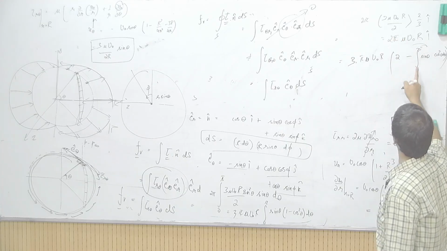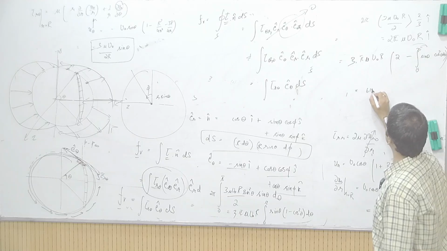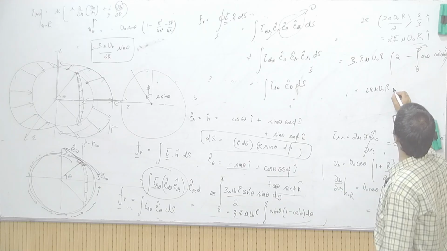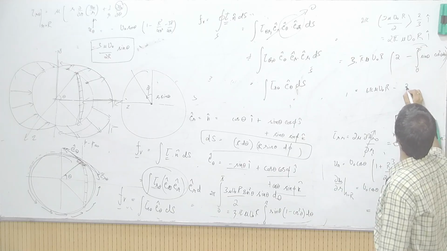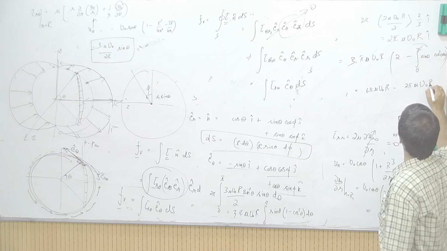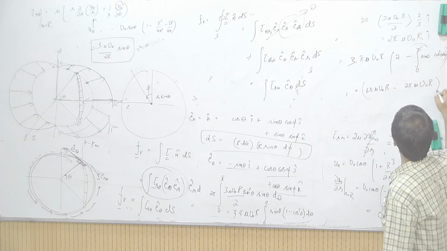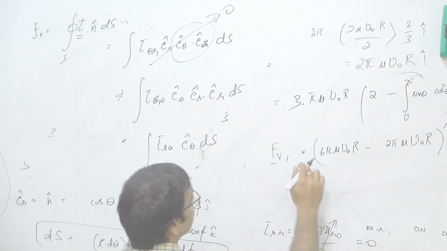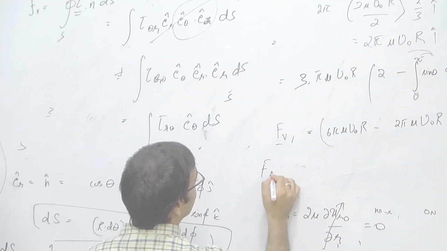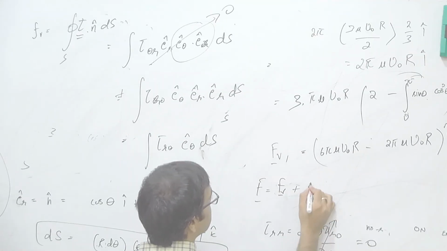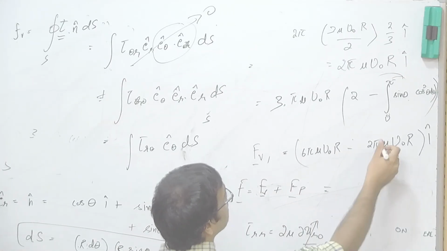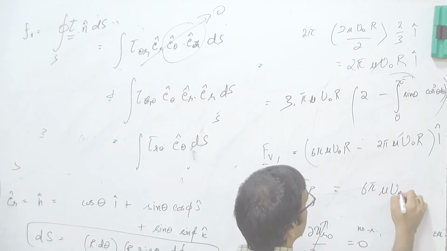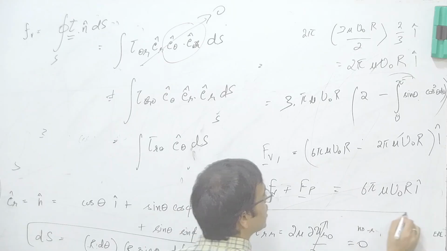So this is essentially 6 pi mu u naught r, if you take this inside, minus 2 pi mu u naught r, all times i cap. So this is your viscous force, and then when we say that the total force is viscous force plus pressure force, this guy will cancel out, and you will get the drag, which is the relation that you guys know as well, 6 pi mu u naught r.